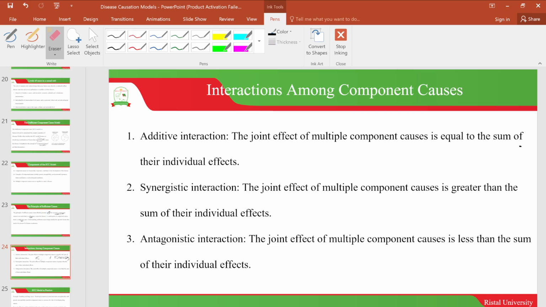For example, with hypertension, we already know that lifestyle habits influence its occurrence. Taking food that contains a lot of salt, not exercising enough, and genetic predisposition can all contribute to hypertension.